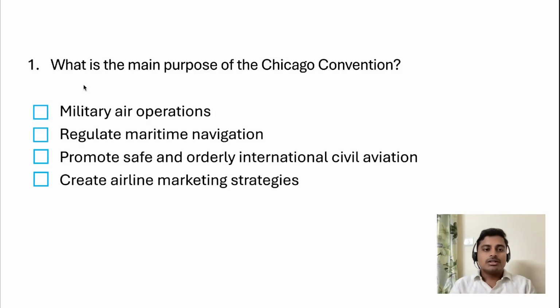The main goal of Chicago Convention was to improve international aviation and the safety of international aviation. The fourth option, create airline marketing strategies. No, Chicago Convention does not talk about marketing strategies. So the correct option is the third one.